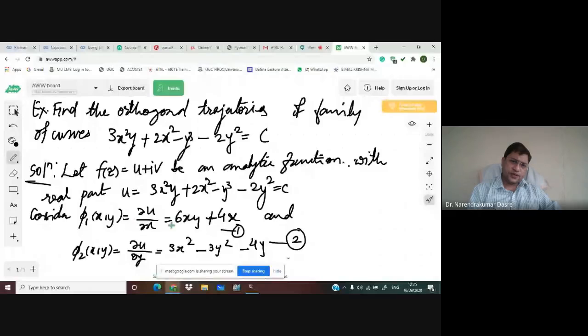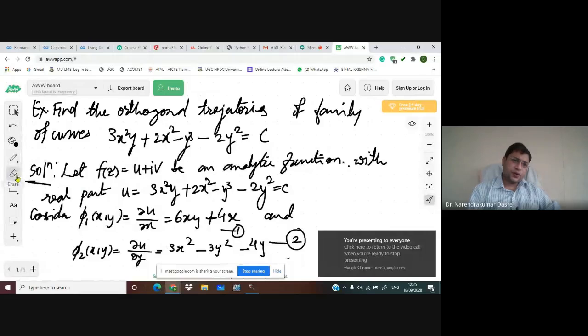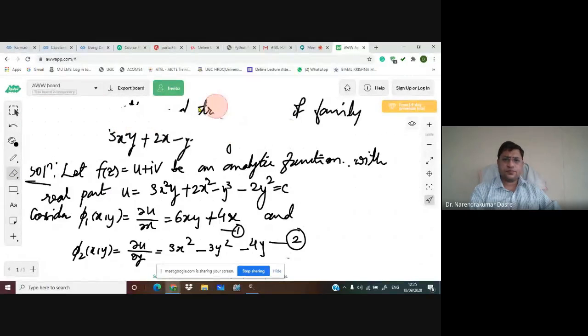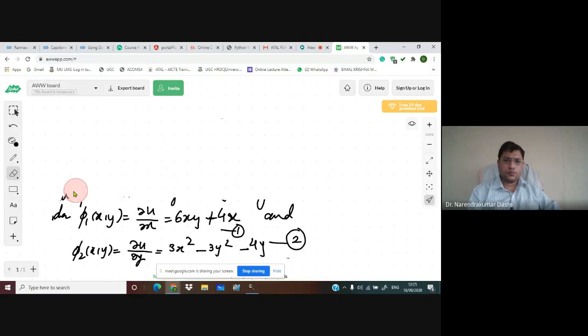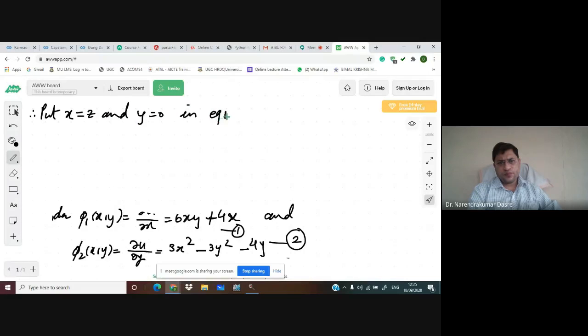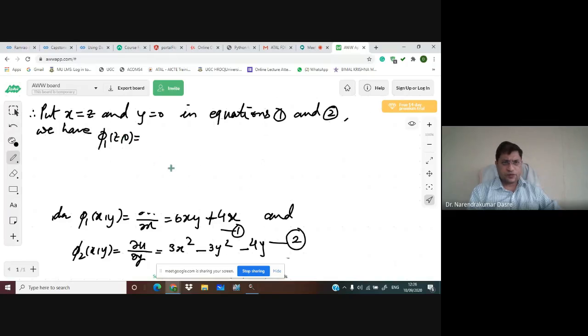Okay, so we have to put x is equal to z and y is equal to 0 in equations 1 and 2, and hence we have phi1 of z0 is equal to, so what is phi1 of z0?